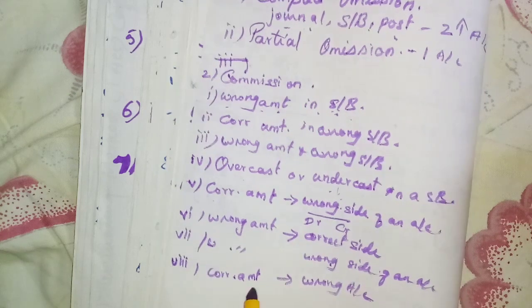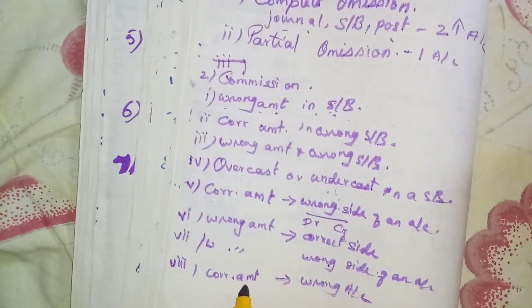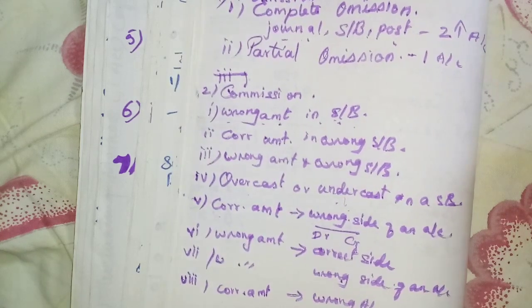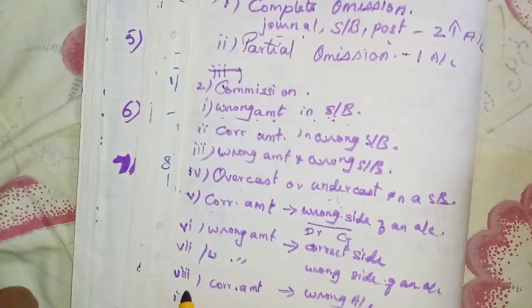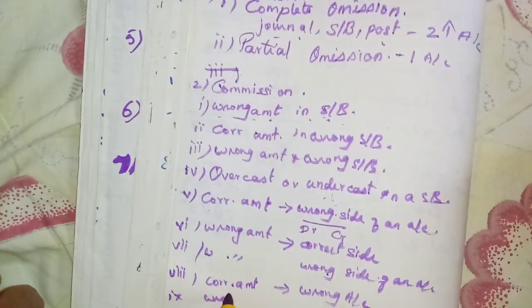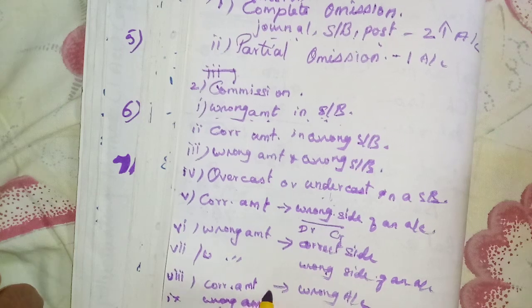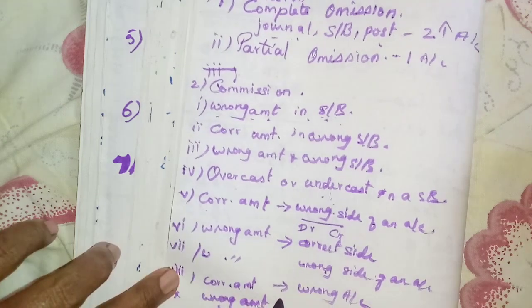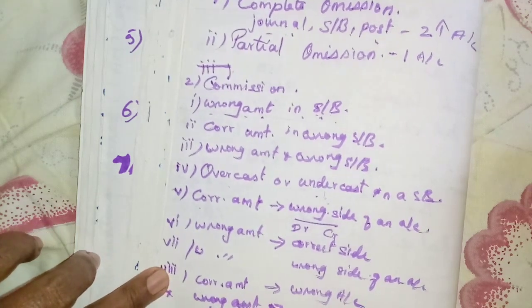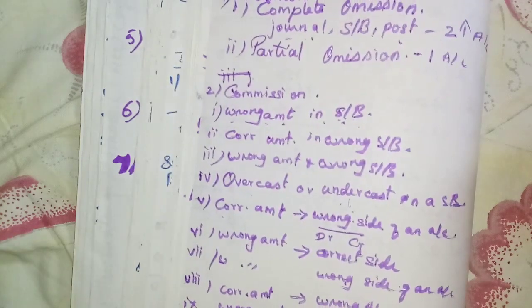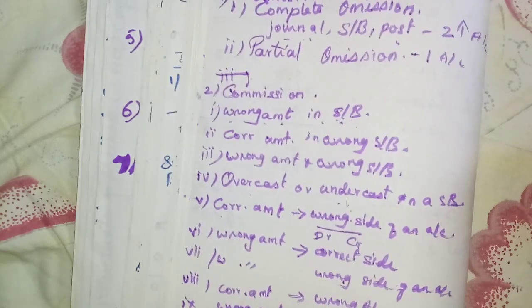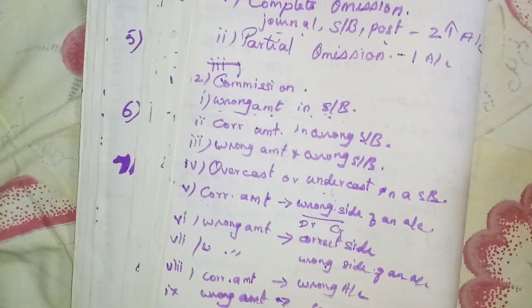The correct amount is written, but the wrong account. Then wrong amount also. Everything can be made wrong: wrong amount, wrong side, wrong account.